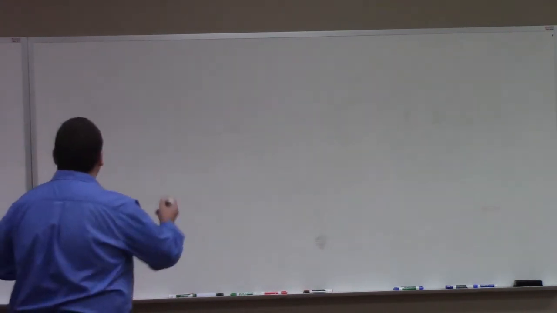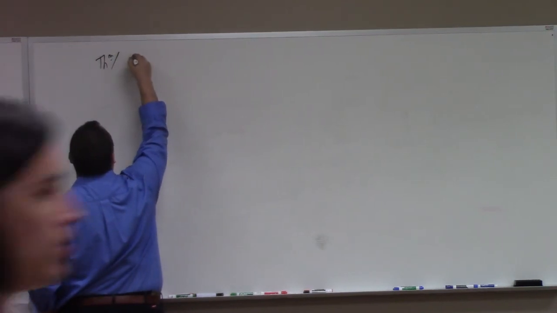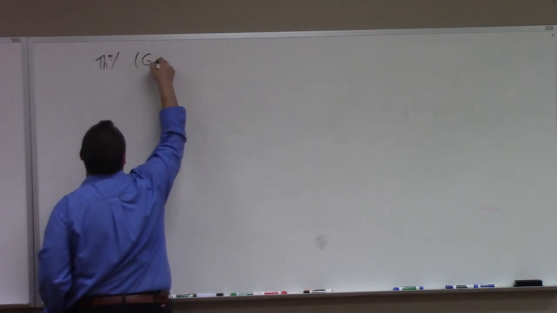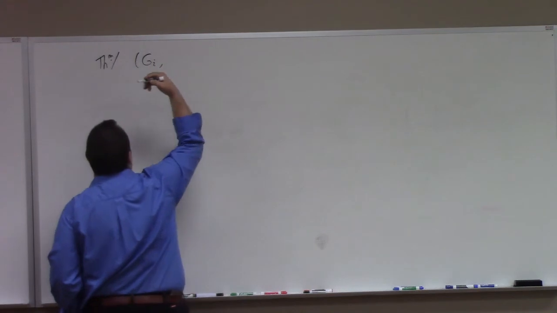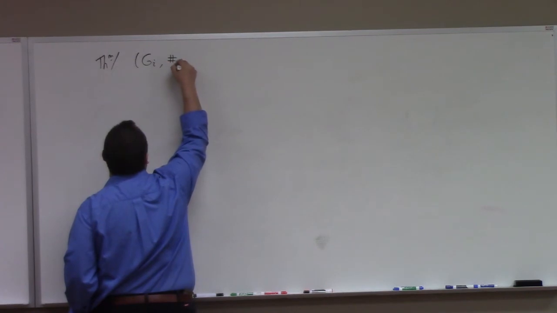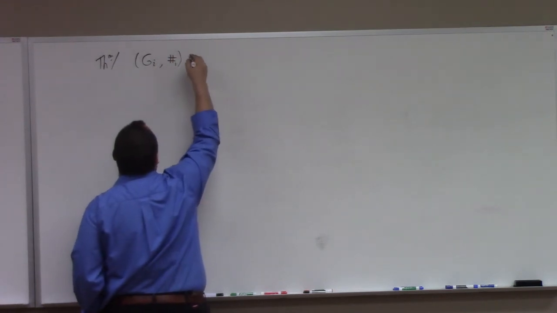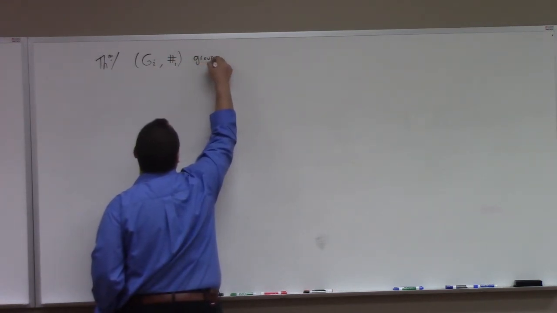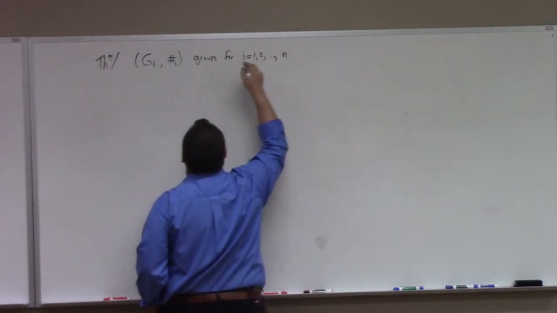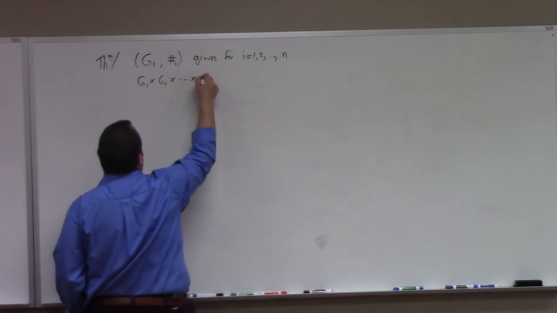Sure. So what she's asking about is, suppose we have groups G_i for i equals 1, 2, ..., n. I need some kind of notation for the operation. Let's say I'll do pound sign sub i. Then we can make G1 Cartesian product G2, Cartesian product Gn.